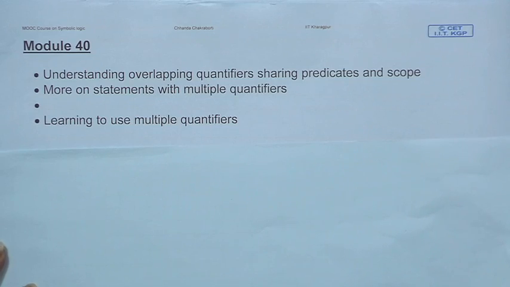Remember, we have just talked about the syntax of first order predicate logic. We could not give time to the semantics or the proof systems. Maybe in some future we can expand the course to cover those also, but right now we are looking into the advanced level syntax of first order predicate logic. So, overlapping quantifiers, what to do with them, and so on.